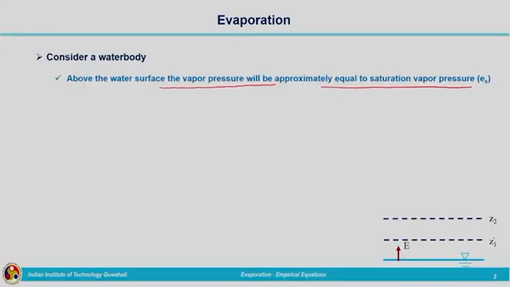That is why we assume that saturation vapor pressure prevails there. We are considering two depths, Z1 and Z2. Z1 is very close to the water surface, and there we assume that the saturation vapor pressure is present.